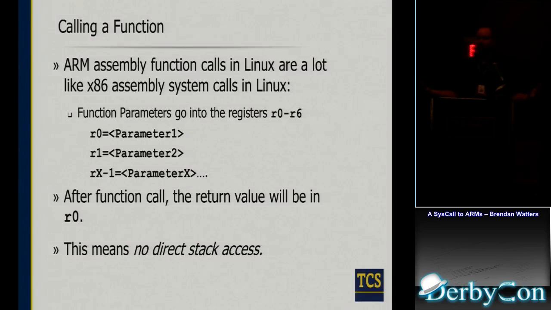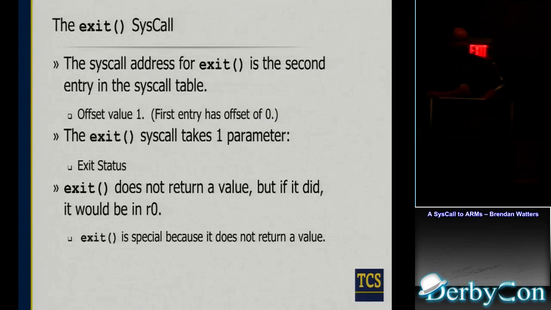Make sense to everybody? Because if you're going to call a syscall, you're going to have to give it data to work with. Okay. One of the fun things is there is no direct stack access, for those of you that play around with Windows assembly. This has been a refreshing change, right? You don't have to worry about the prologue again nearly as much.